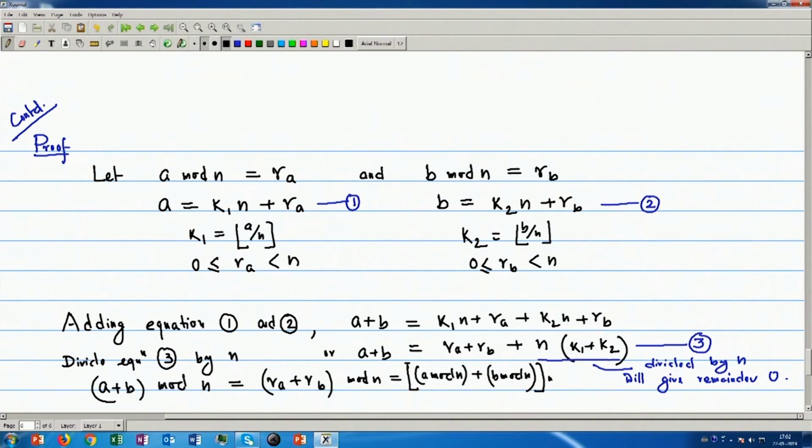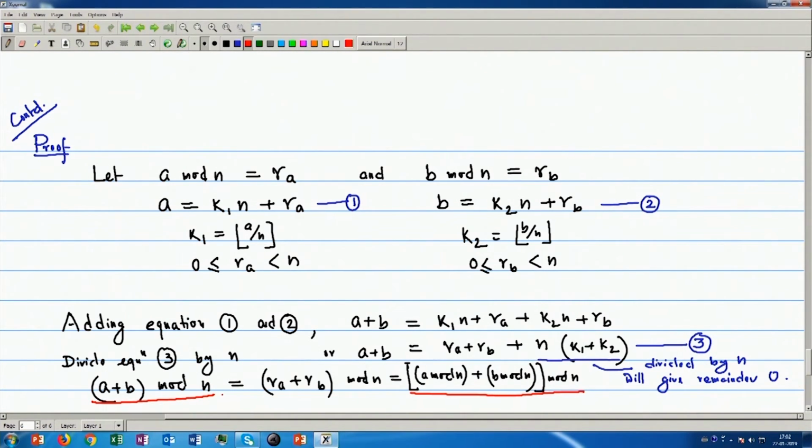So, a plus b mod n equals a mod n plus b mod n, all mod n. So the property 1, the addition property, is proved.